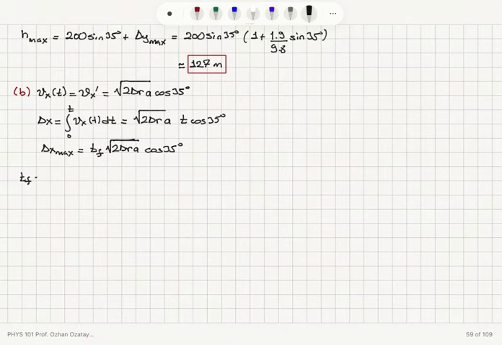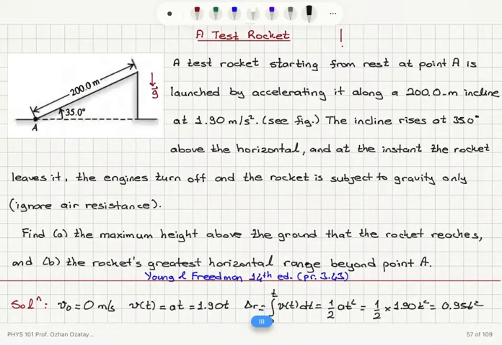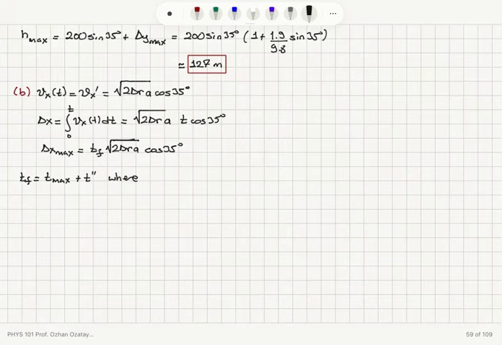The fall time is the time required to reach the maximum height, plus the rest of the time, t double prime, where, since I have reached this maximum height at t max, I will be falling h max to reach the ground. So it's going to be the time it takes to fall h max under the influence of gravitational acceleration, 1/2 g t prime squared equal to h max.